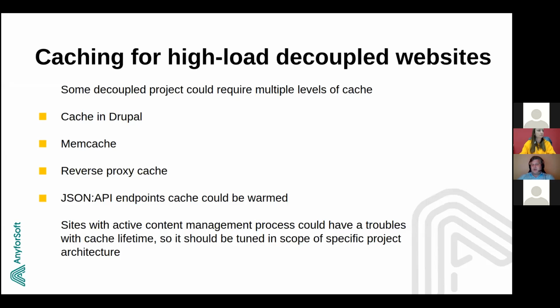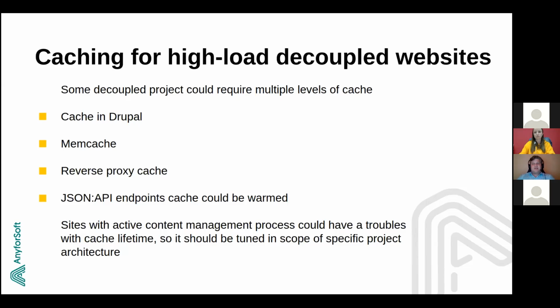Second, it's using of memcache, because memory cache storages are faster than database storages, and memcache will provide us the fastest storage. One more thing is reverse proxy cache, which could be used if most of our users are anonymous.